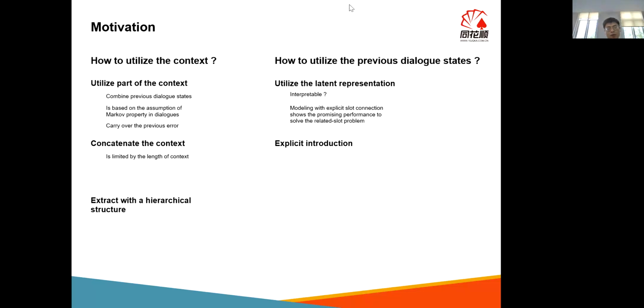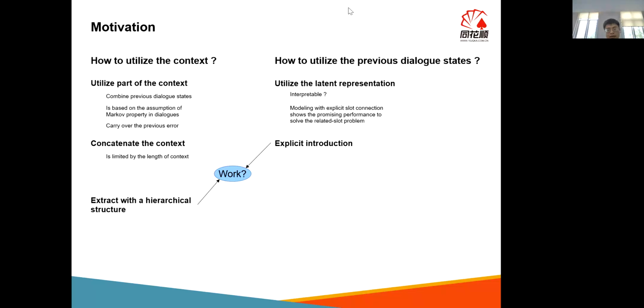When we come to the problem of how to utilize the previous dialogue states, some methods apply the latent representation of the previous dialogue turn for the previous dialogue states. The approach is not interpretable. What's more, modeling with explicit slot connection shows promising performance to solve the related slot problem.